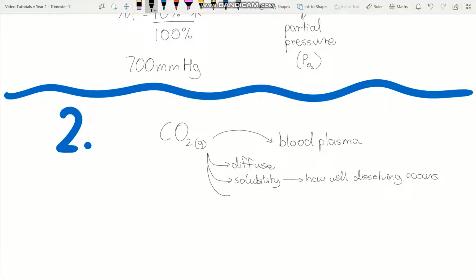And also the temperature of the liquid. This essentially means that if the blood temperature is higher, then CO2 will be able to diffuse into the liquid to a lesser extent.